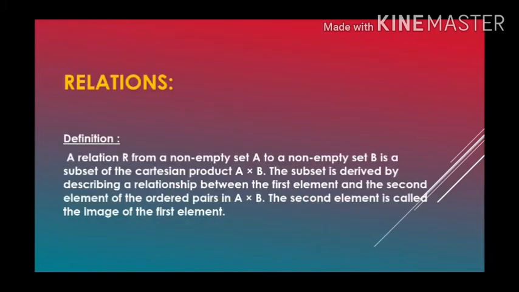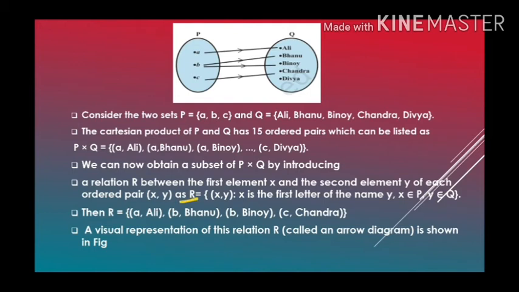So a relation R from a non-empty set A to a non-empty set B is a subset of the Cartesian product A cross B. The subset is derived by describing a relationship between the first element and the second element of the ordered pairs in A cross B. As you can see here, the R subset is derived by the relation that the first element has to be the first letter of the name Y. What was the condition given for this set in set builder form?